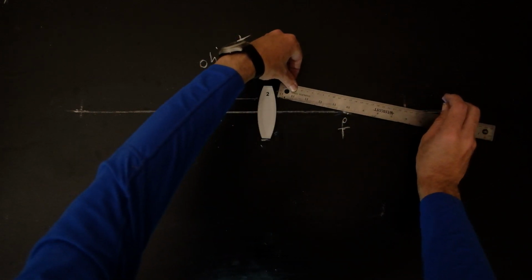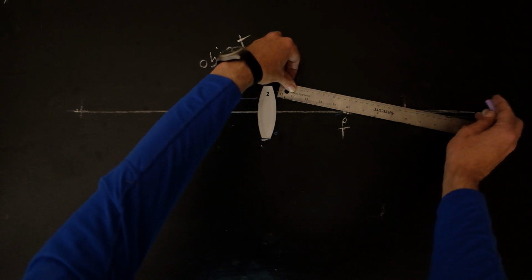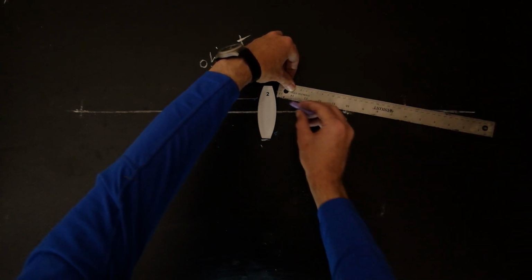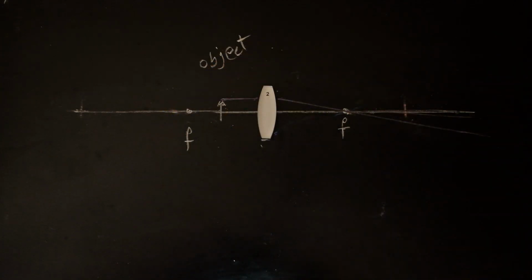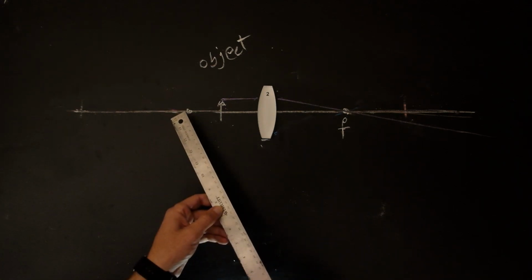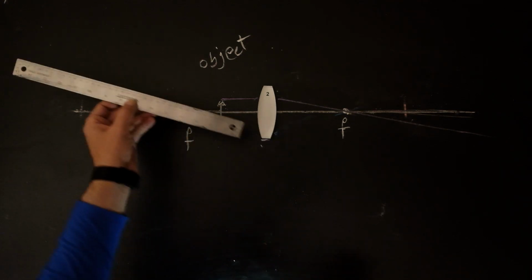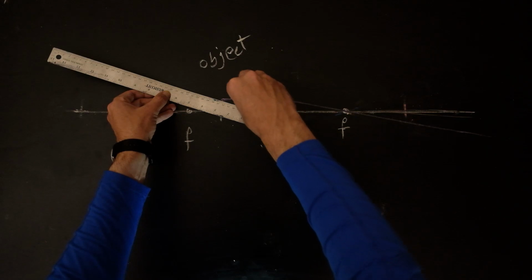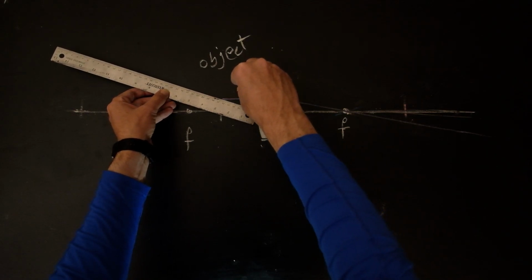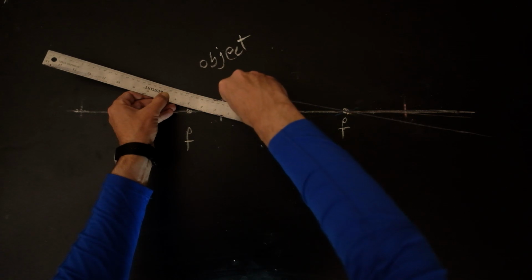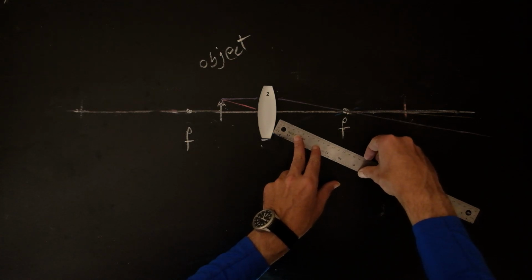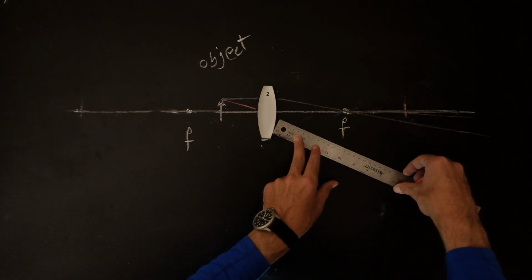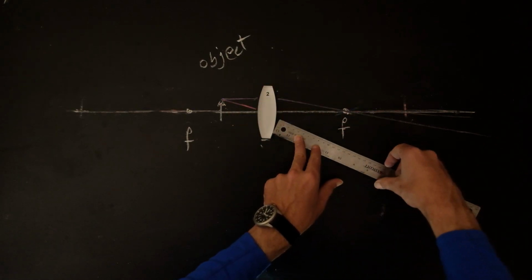So this will be f. In this case, I can't have f parallel, so I will use center no change. Okay, so this is center hits the lens, so there will be no change.